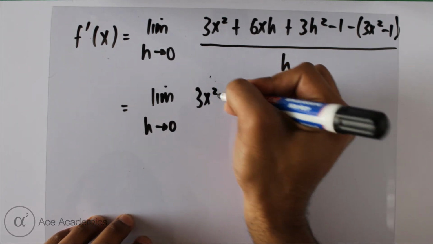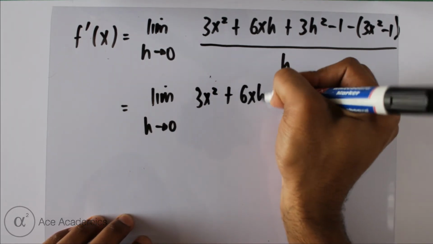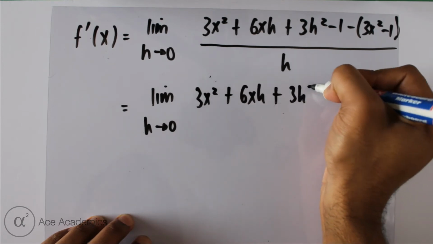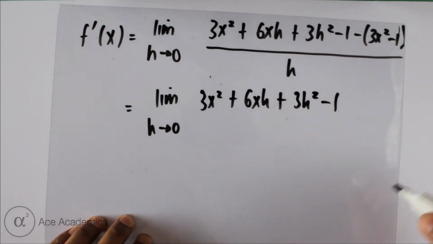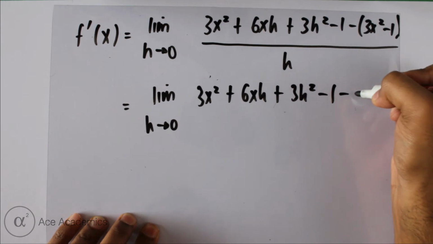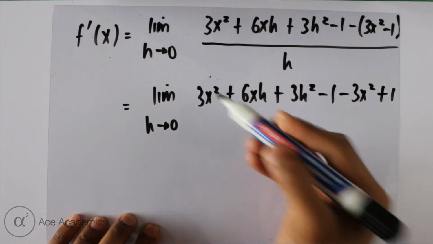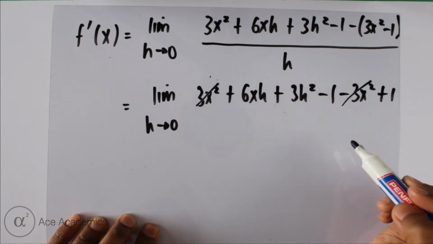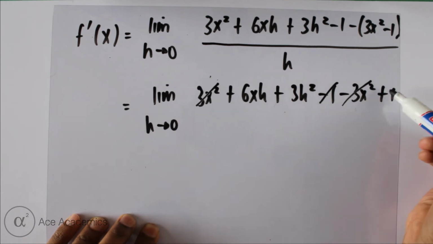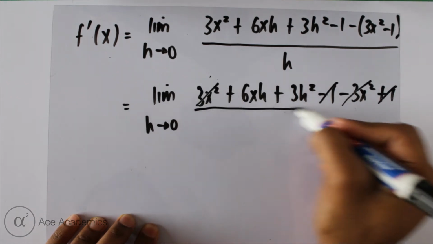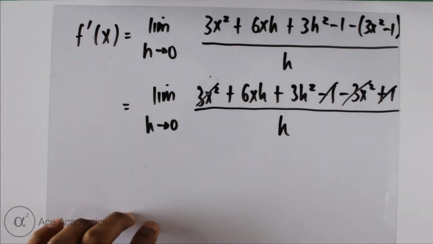So 3x squared plus 6xh plus 3h squared minus 1 minus 3x squared plus 1. Now the 3x squared will cancel out with the negative 3x squared, and the 1 and the minus 1 will go. This is all divided by h.